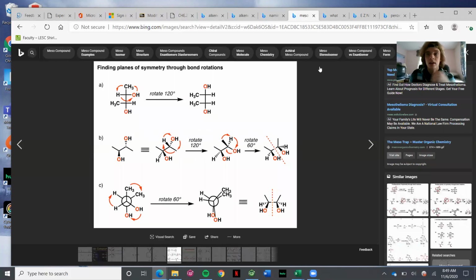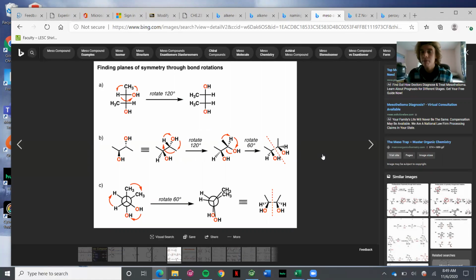Meso compounds. What are meso compounds? They're essentially compounds that have at least 2 chiral centers, and that means that they're going to have 4 stereoisomers, and at least 2 of those stereoisomers are identical compounds, or at least they cancel each other out.